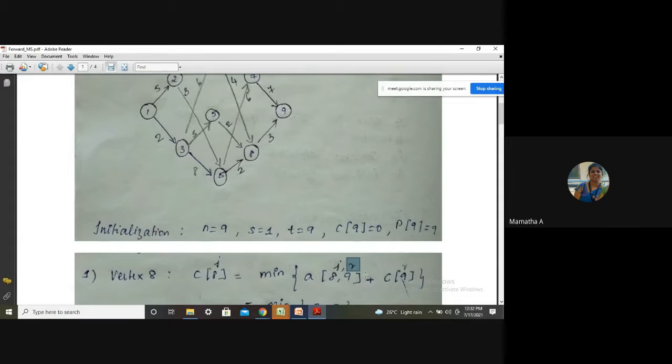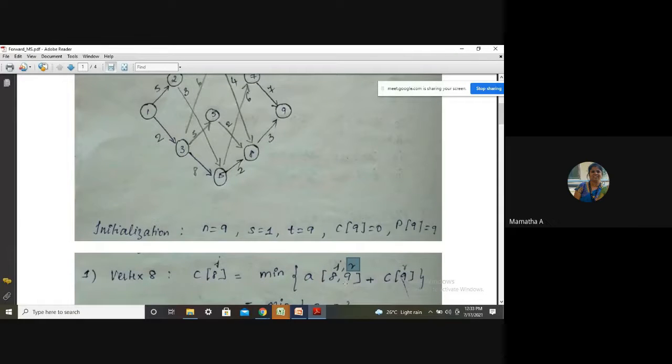So there is an edge from J to R. I write minimum of A of 8 comma 9 plus C of R. I am trying to reach from 8 to the sink vertex via the intermediate vertex, that is 9.